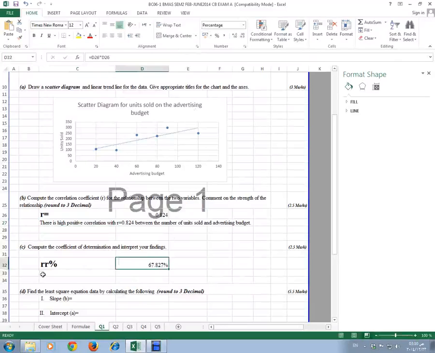For the interpretation, the remaining out of 100 percent you can calculate as 100 percent minus this percent, so it is 32%.